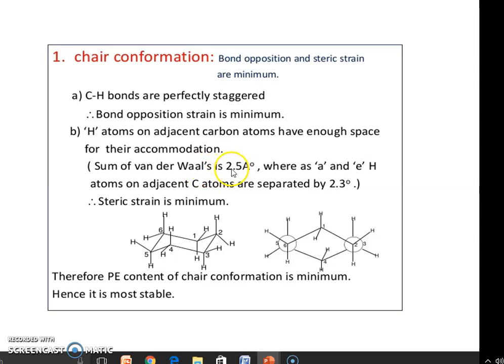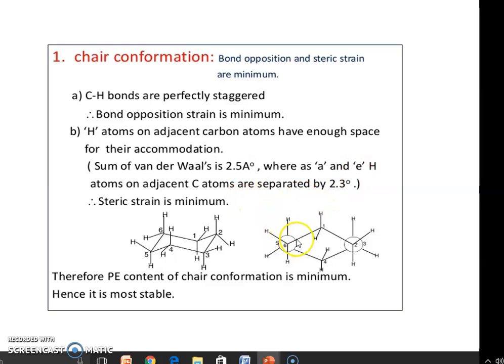Here the sum of the van der Waals radii is 2.5 angstrom, whereas the hydrogen atoms on adjacent carbon atoms, A dash and E dash, where A is axial and E is equatorial, are separated by 2.3 angstrom units, for axial as well as equatorial hydrogens.